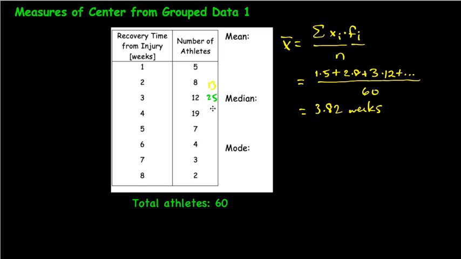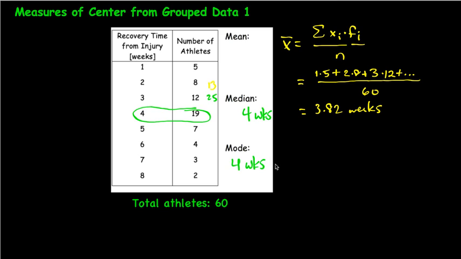So our 30th and 31st athletes are going to be in this interval. So our median is 4 weeks to recovery. And then our mode is going to be our most frequent. We see there are 19 that took 4 weeks to recover, so our mode is also 4 weeks in this problem.